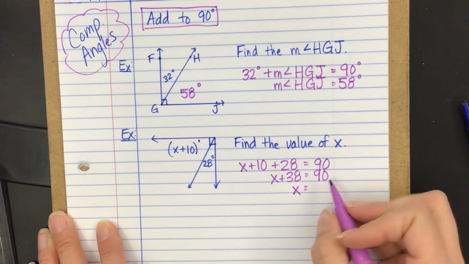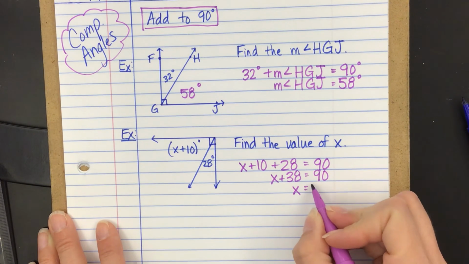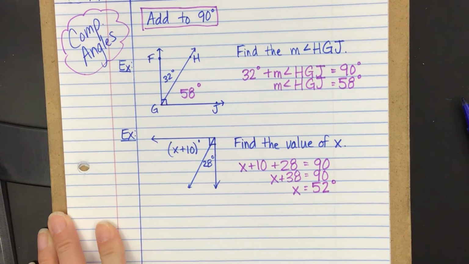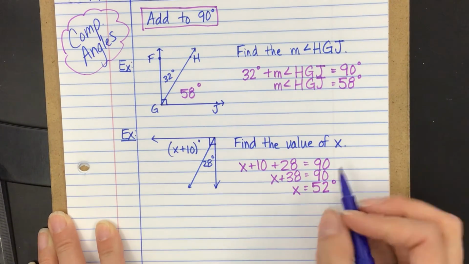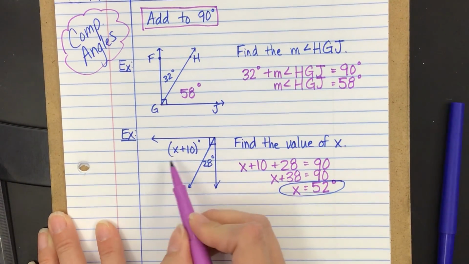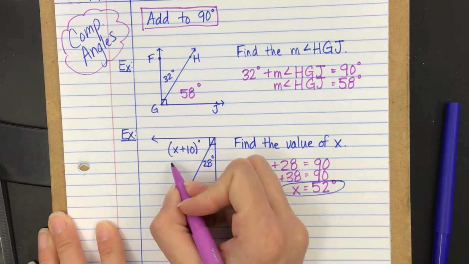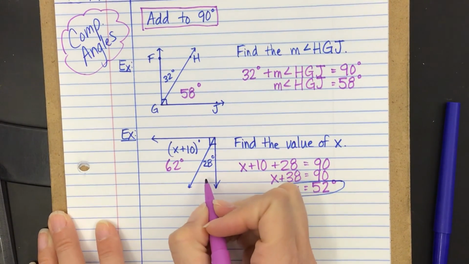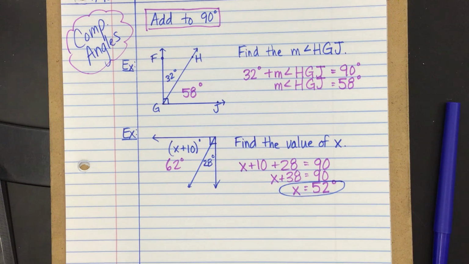I'm going to subtract 38 from both sides, and I am going to get 52 degrees. So if x is 52 degrees, that means that this angle right here, if we add 10, will be 62 degrees. 62 plus 28 is 90, so we know we're good.